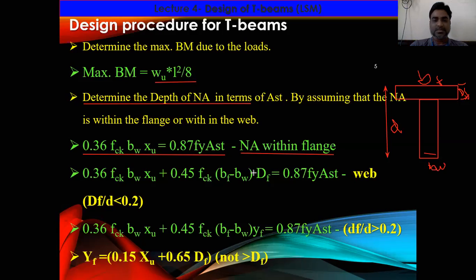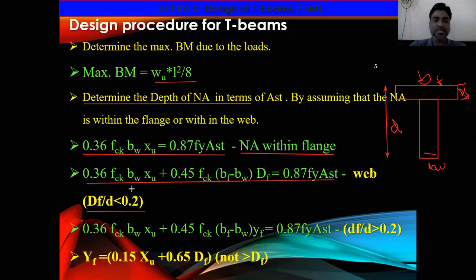That means there are two cases, whether the stress distribution is uniform within the thickness of the flange or not uniform. The first case: if I assume that the depth of neutral axis is within the web and the stress distribution is uniform within the thickness of the flange, that means Df by d is less than or equal to 0.2. For this case, the depth of neutral axis can be determined by equating the compression force to the tension force.